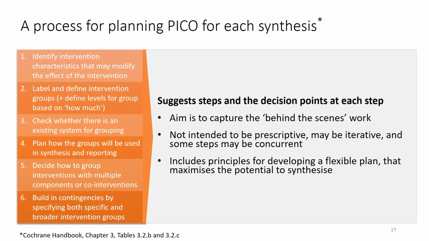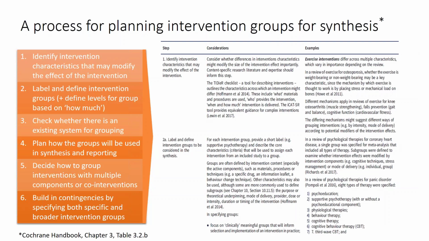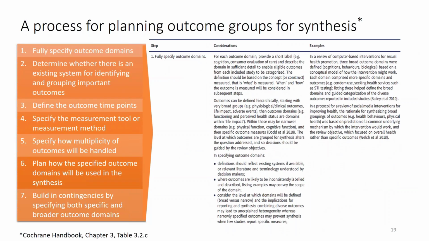There's a process for planning intervention groups for synthesis, and a similar one for planning outcome groups for synthesis. And I'll finish there. I think this topic raises many questions, particularly around the extent to which it's feasible to pre-specify, but I think it's a really important conversation for us to have.